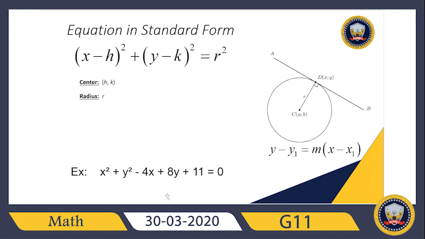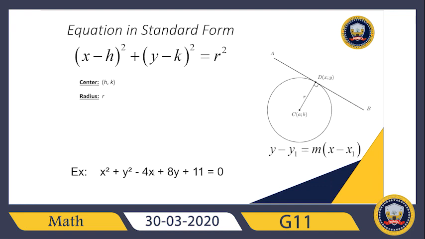Basically, you have to transfer this into the standard form. We said that we have to arrange these terms and reorder them, and complete the perfect square for the x's and y's, and then we can find the standard form, and we did some exercises.